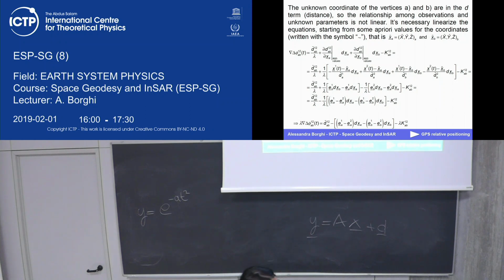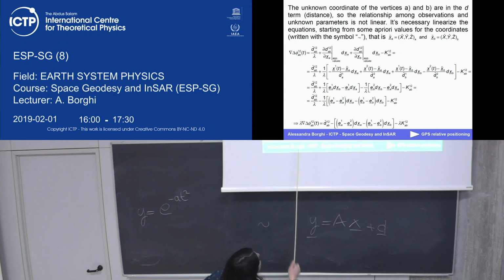So we can use approximate values, and I use this symbol to say that it's been computed using approximated values. So we have the distances, computing the approximated value divided by the wavelength to have the phase, and we compute the derivative with respect to the unknown quantity.